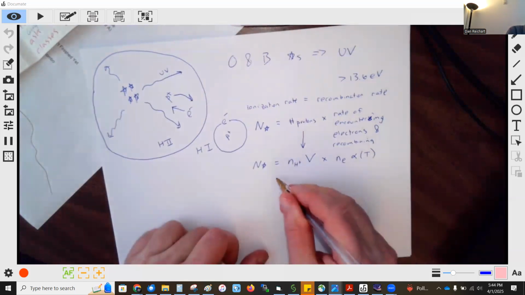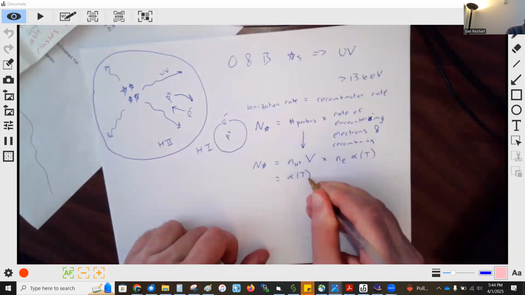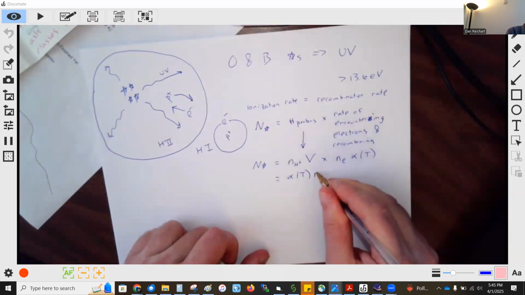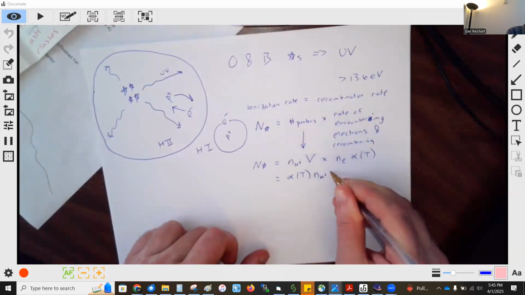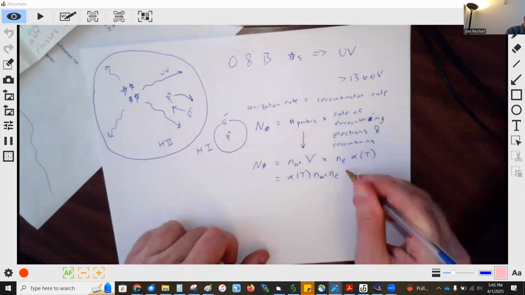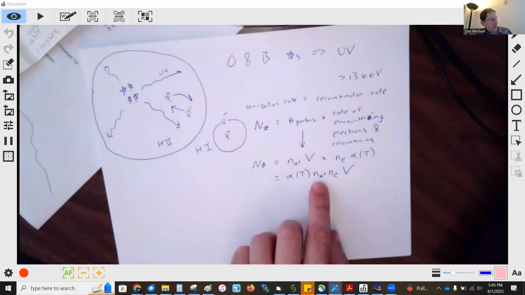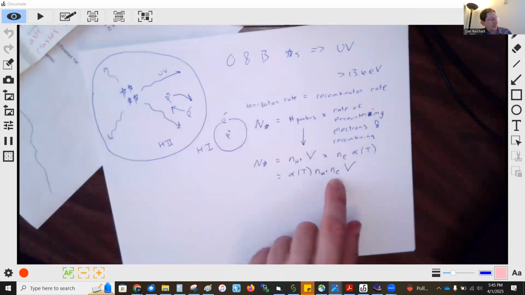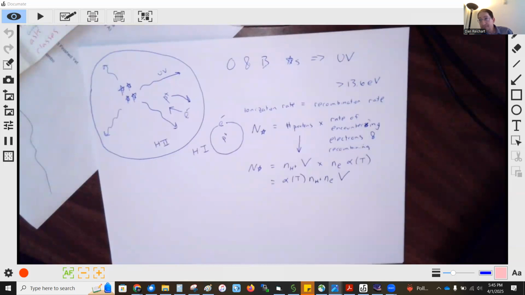So I'm just going to rewrite this, rearranging some terms. Let's put alpha of T out front, proton density, electron density, and the volume. Now, the density of protons on the inside and the density of electrons on the inside, how do you think those are related? Before the stars turned on, it was all neutral hydrogen gas in there.